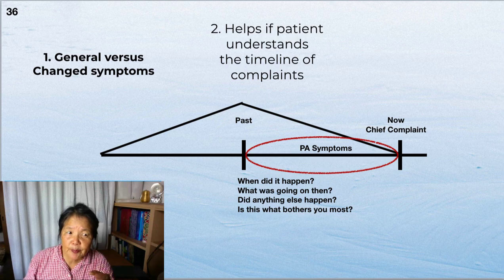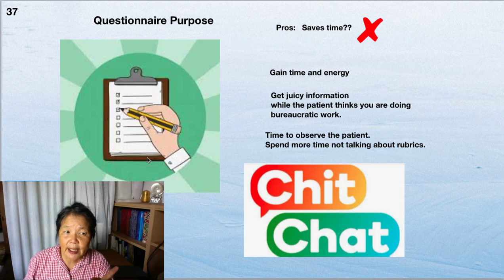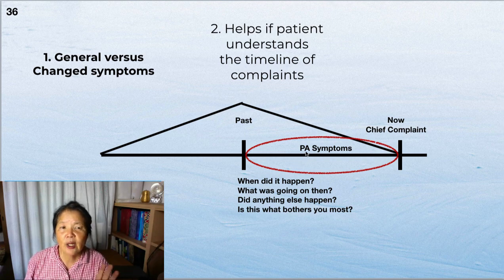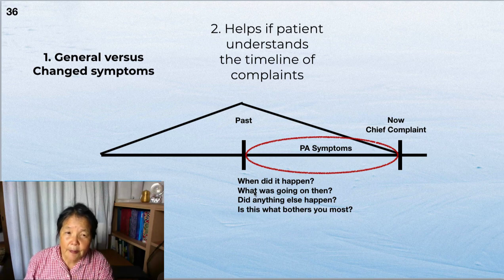You're constantly going to be asking little questions like that to try to differentiate between the general symptoms, and to find out if there's a difference between that recent past and his general symptoms. Okay?